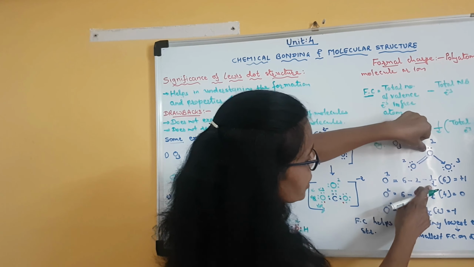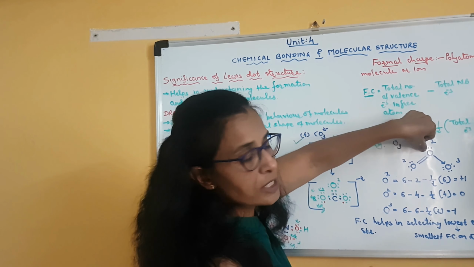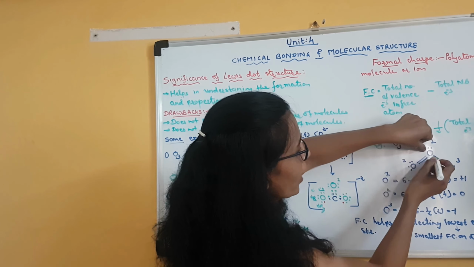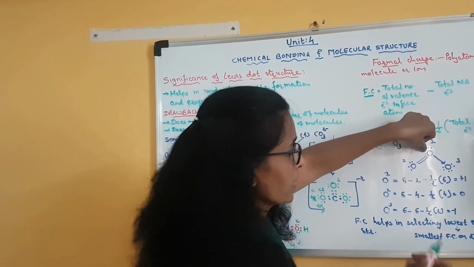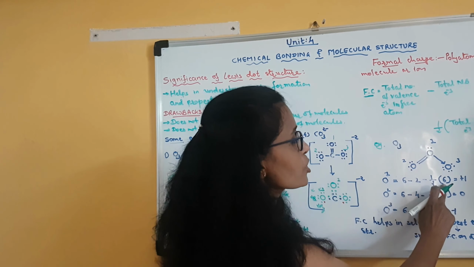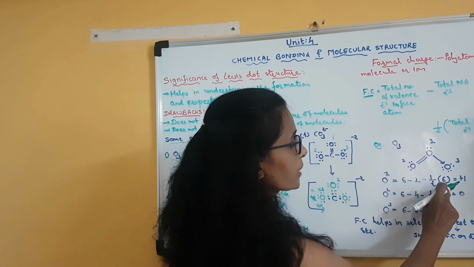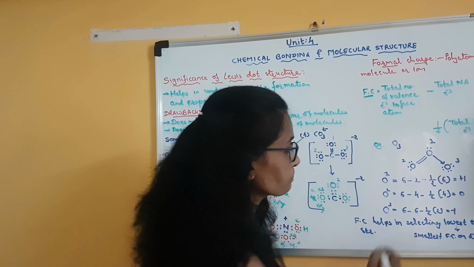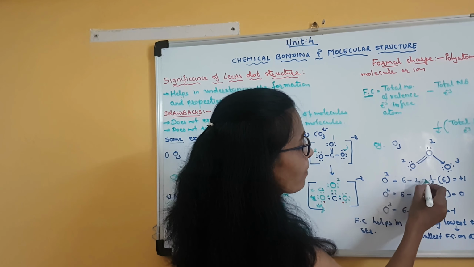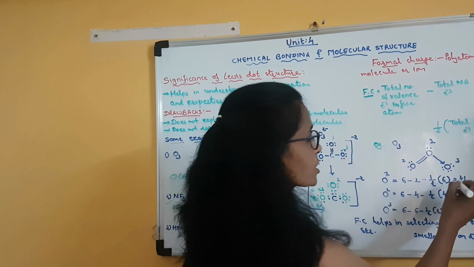Now this oxygen has formed 3 bonds. Here 1, 2 and 3 bonds. In each bond 2 electrons are there. So 3 2s are 6. Means total 6 bonding electrons are there with the first oxygen atom. So half of that. So 6 minus 2 minus 3. So it is plus 1.